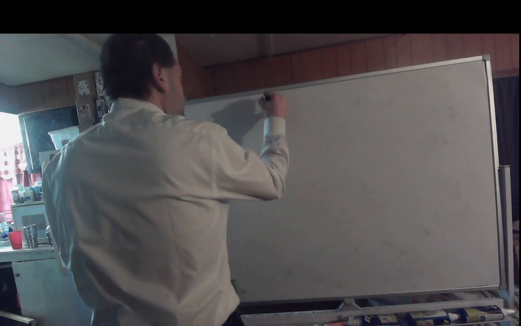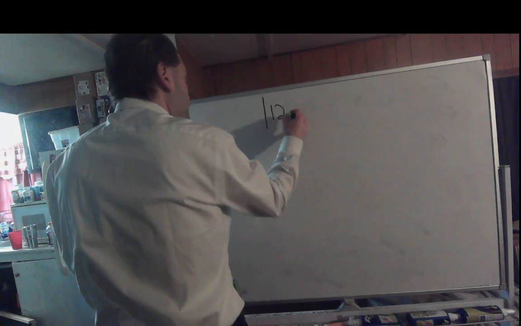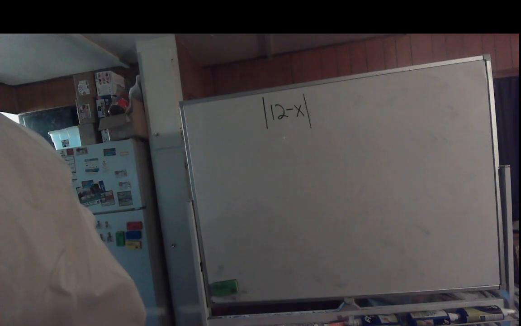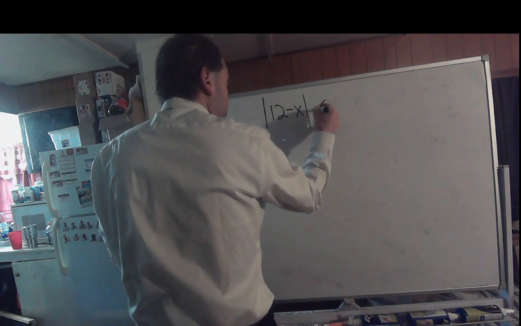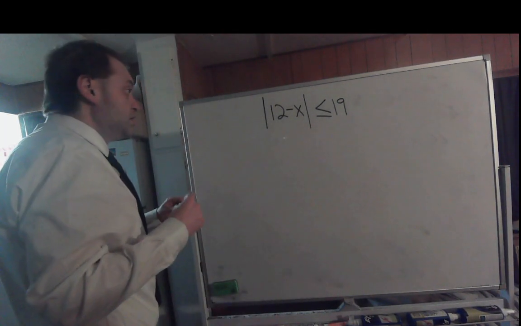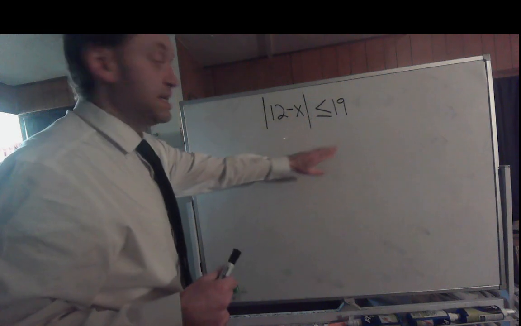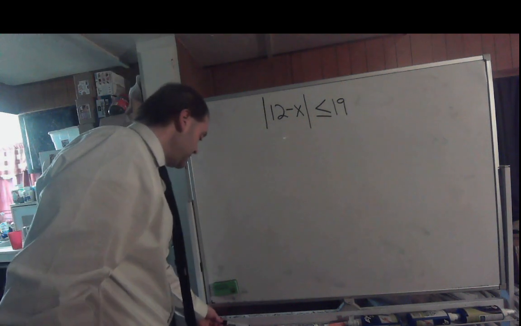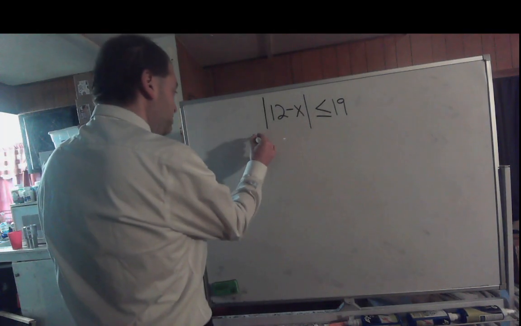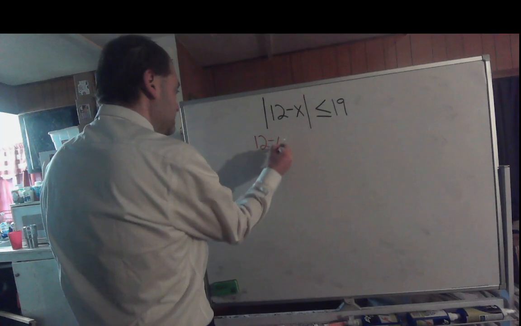We have the absolute value of 12 minus x is less than or equal to 19. So the absolute value of 12 minus x is less than or equal to 19. Okay, so of course take your 12 minus x.